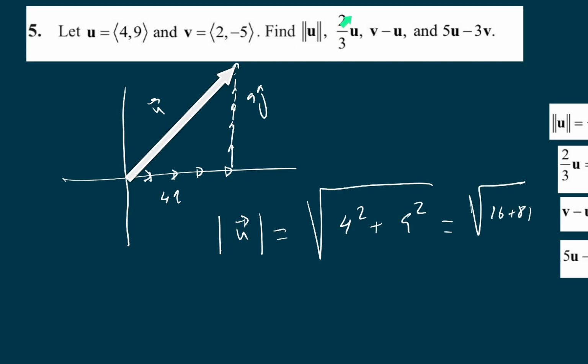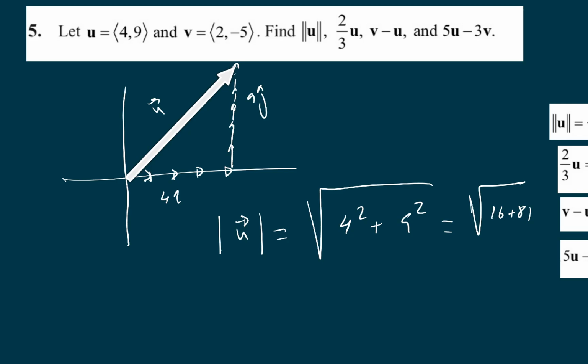So the second question says, what is 2/3 of u? You take the vector u and divide it into 3 parts. The vector u is not a unitary vector; it has the magnitude square root of 81 plus 16.